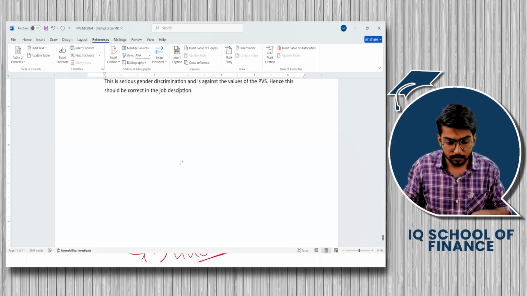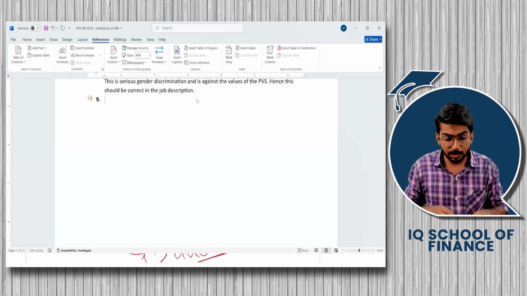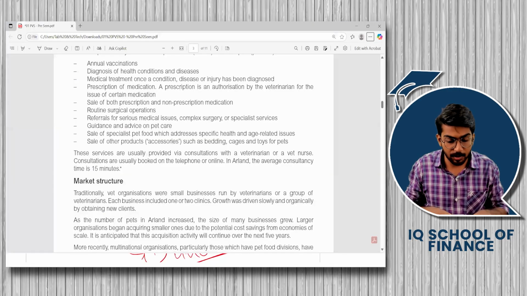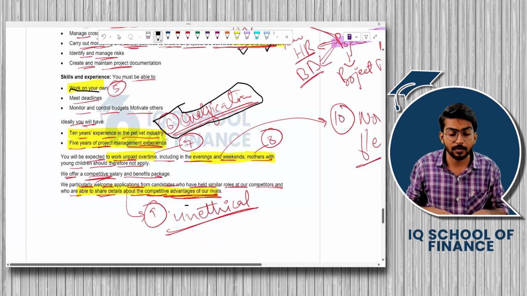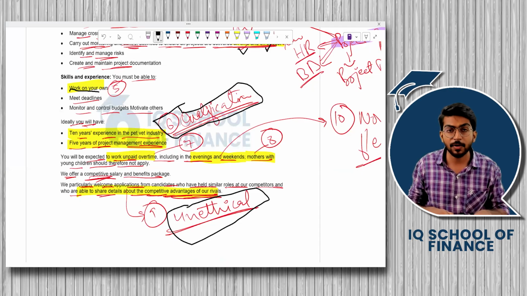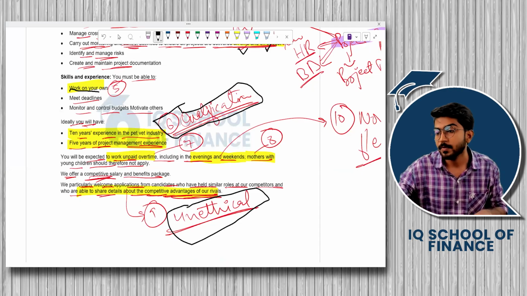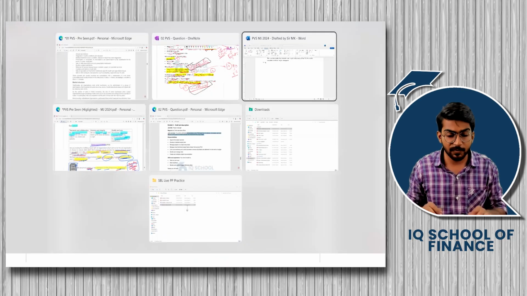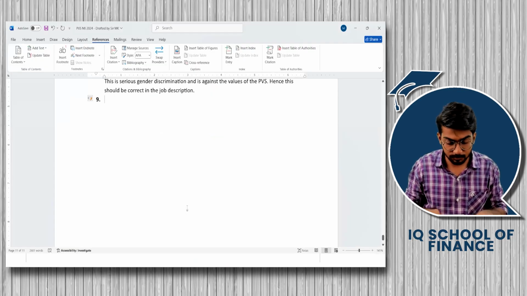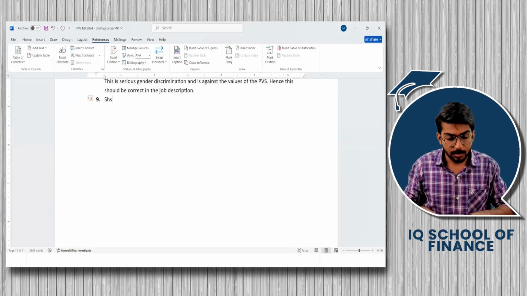All right. So the last point, point number 9, we are going to draft is about the unethical requirement of sharing the data of the rivals through which they were having the competitive advantage, right? Let me draft this point for you guys. Sharing of rivals' data.